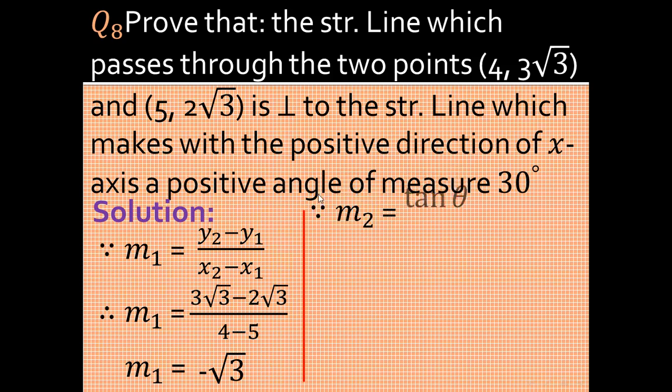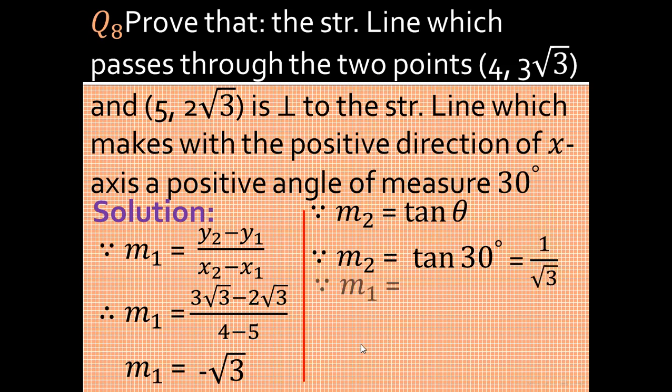And if we find the slope of the second straight line, which makes the angle 30 degrees with the positive direction of the x-axis, it's going to be the tangent of this angle. m2 equals tan 30, and tan 30 equals 1 over root 3.